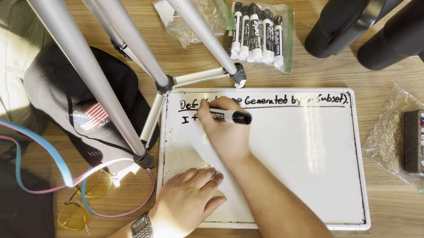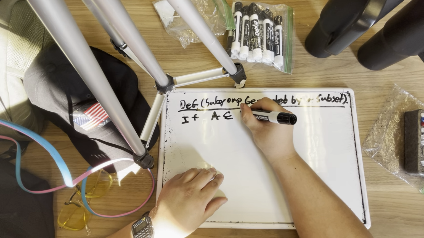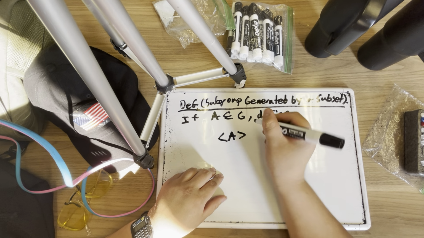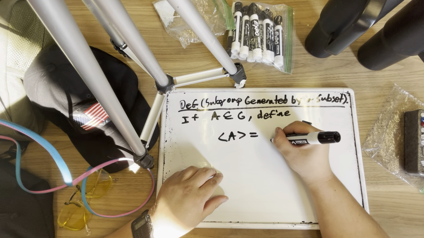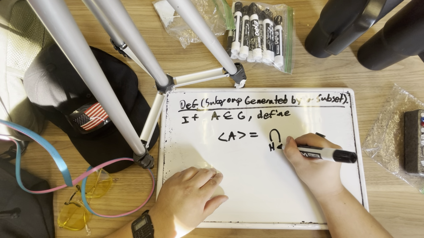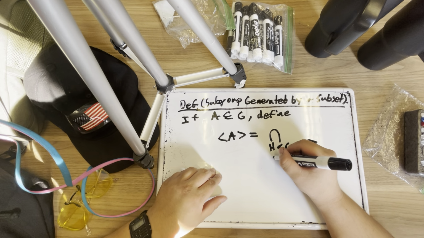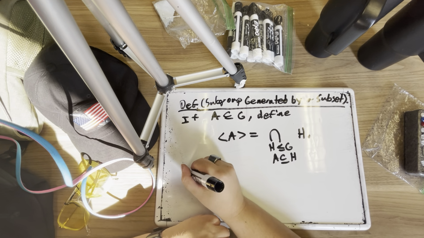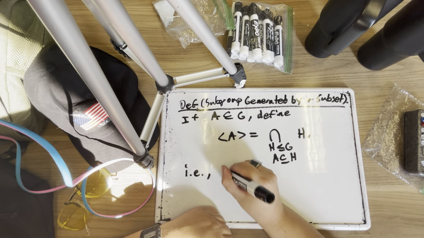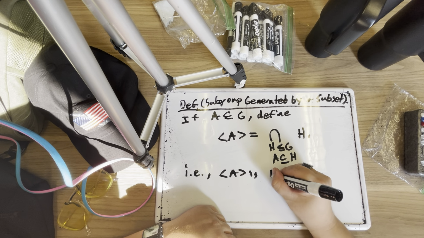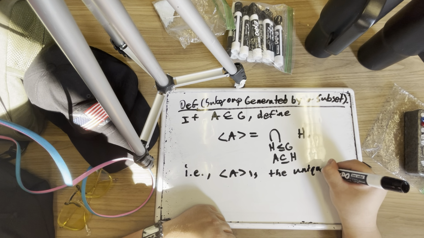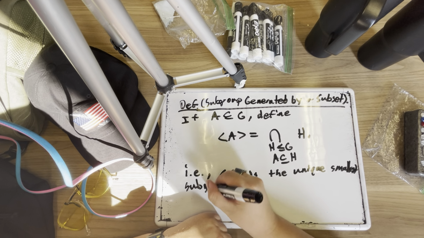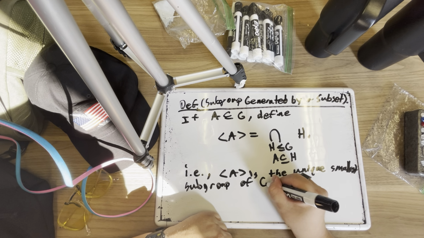If A is a subset of G, define the group generated by the set A to be equal to the intersection over H being a subgroup of G and A being a subset of H. That is to say, the group generated by A is the unique smallest subgroup of G containing A.